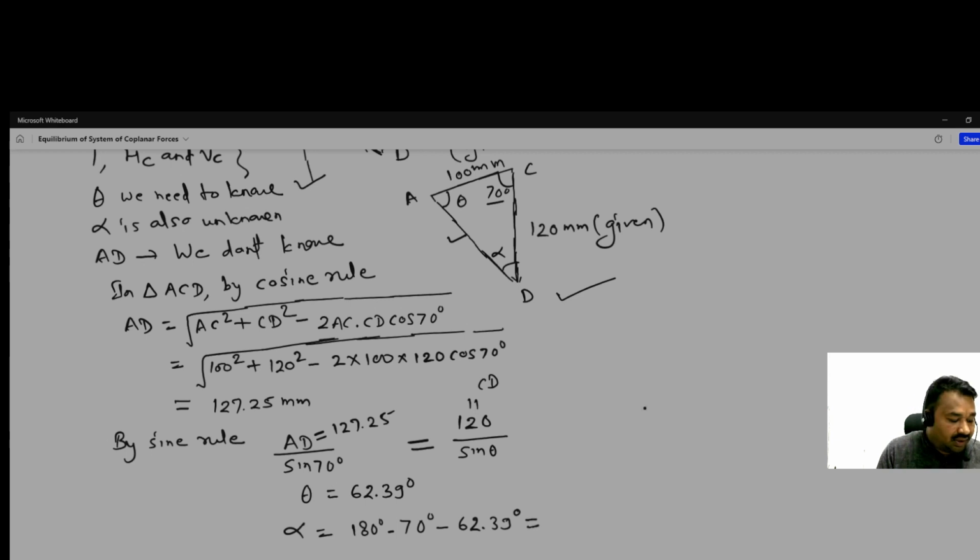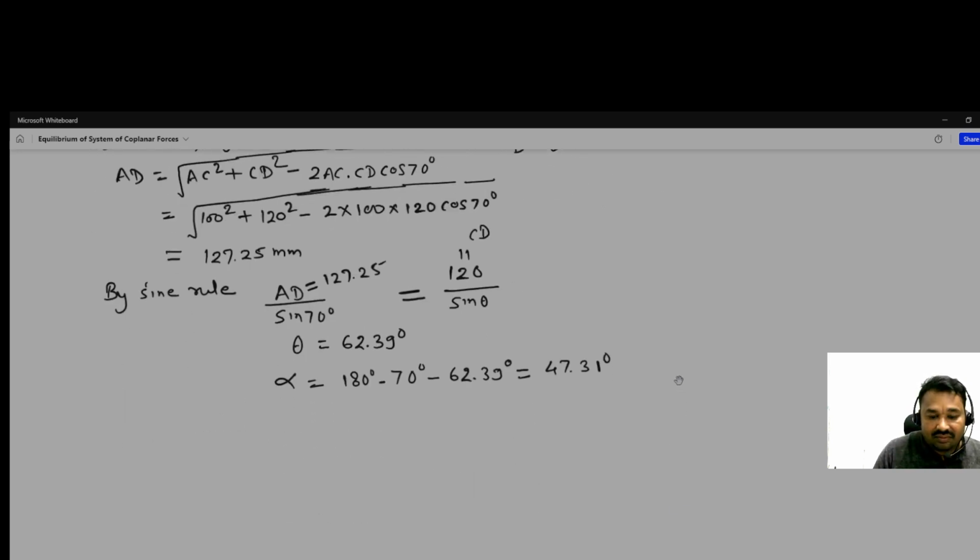So what we get? It is 47.31 degree. So alpha is equal to 47.31 degree. Theta is equal to this one. Okay.